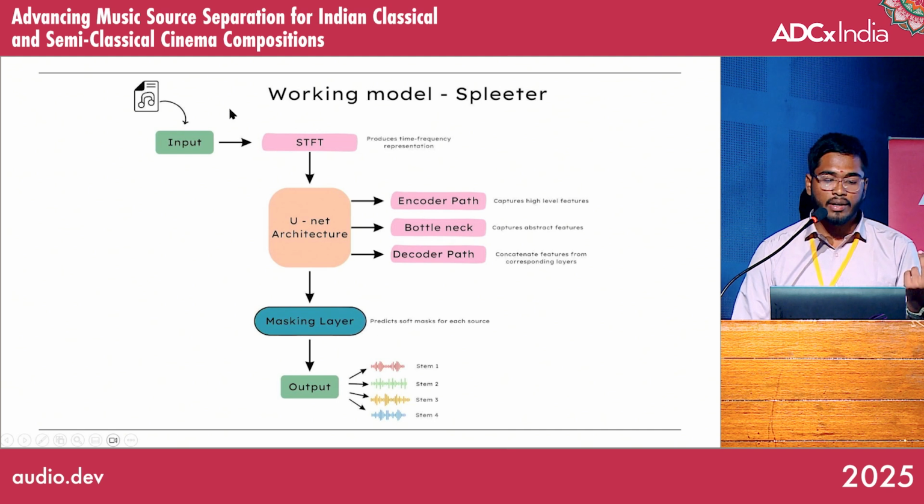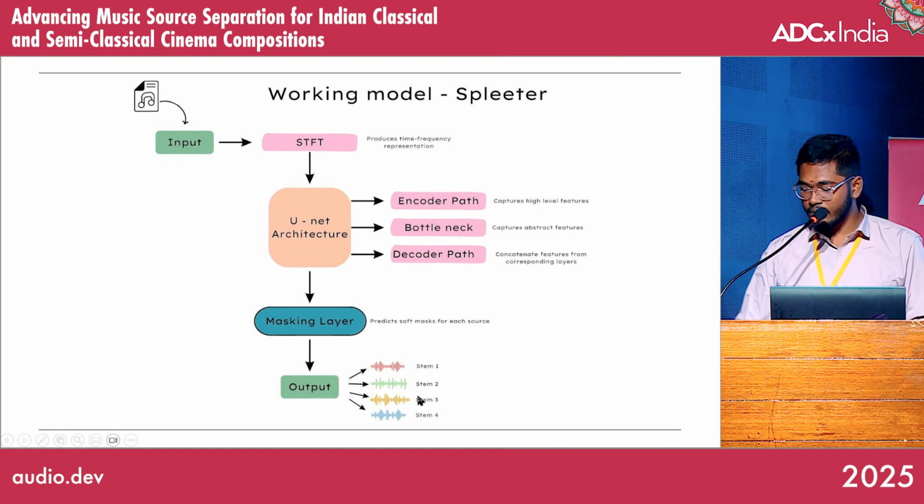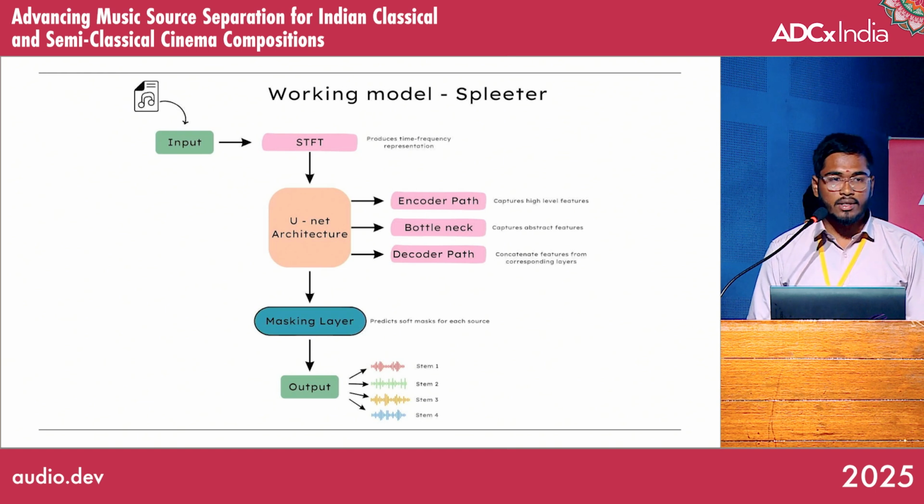For example, if we had an audio file containing two string instruments, one percussion instrument and vocals, by this process the model will give output as vocals, guitar, strings, sorry, and a percussion instrument. So this is the working model of Spleeter.